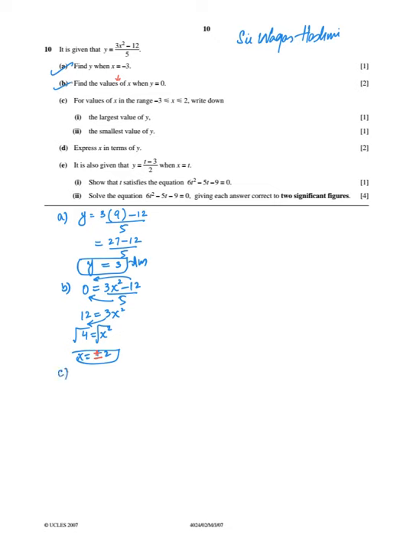For part C, for values of x in the range minus 3 till 2, write down the largest value of y. Alright, so y equals (3x square minus 12) divided by 5. So at which value of x will we get the maximum value? If we place x is minus 3, right? So minus 3 square, y is 3.